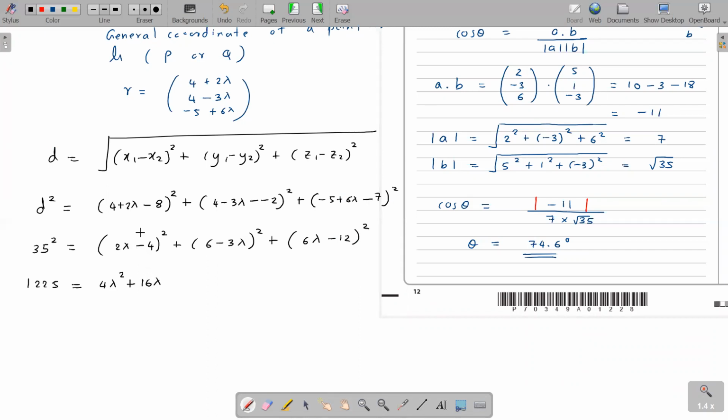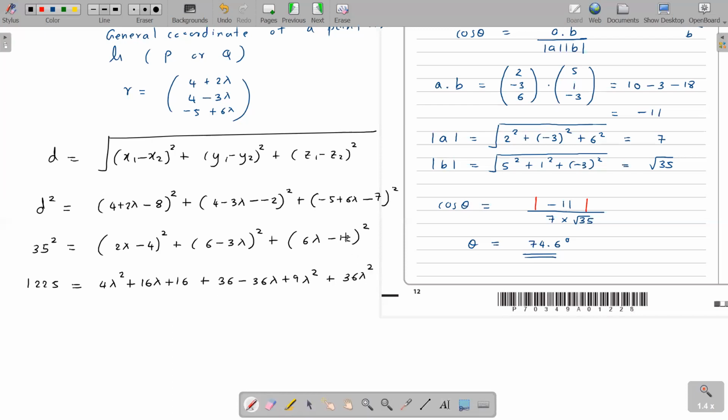Plus 16. Then 36: 6 times 3 is 18, 18 times 2 is 36 lambda, plus 9 lambda squared. I'm opening this immediately. The next one, 6 lambda squared is 36 lambda squared.